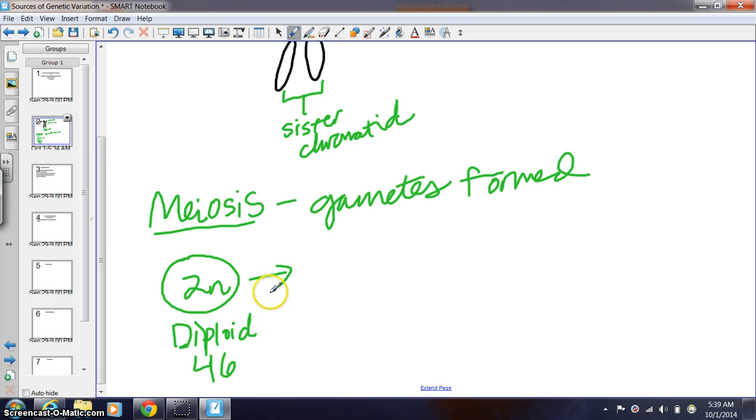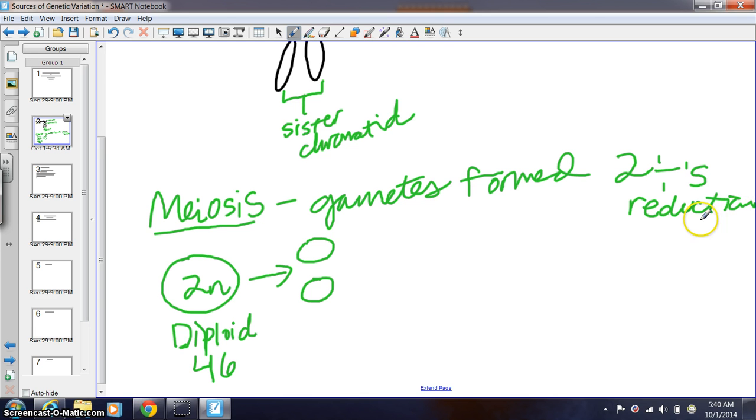But in order to become haploid cells, it has to go through two divisions. And that's what meiosis is. Meiosis is two divisions. We call these reduction divisions because we're reducing the amount of genetic material in them. So here's meiosis 1, and you guys have this in your notes already.